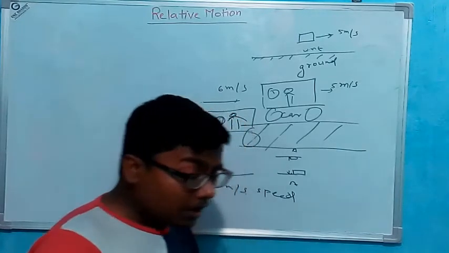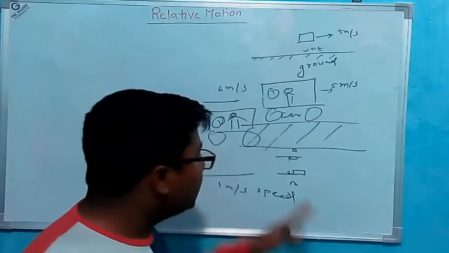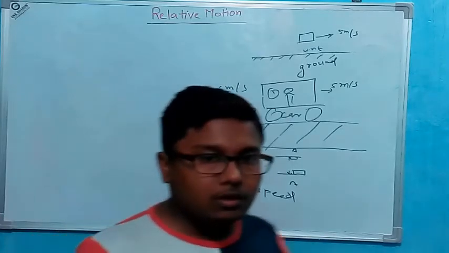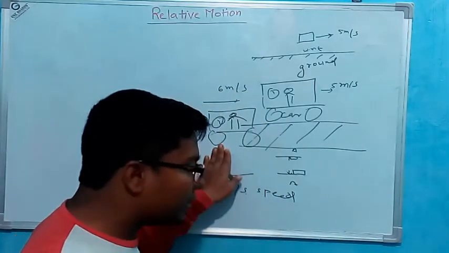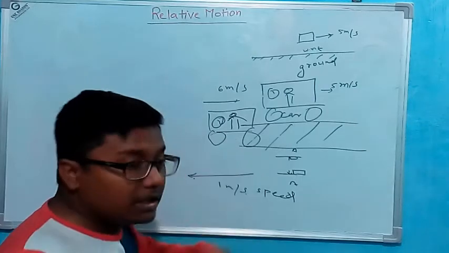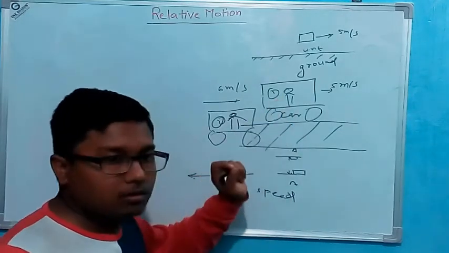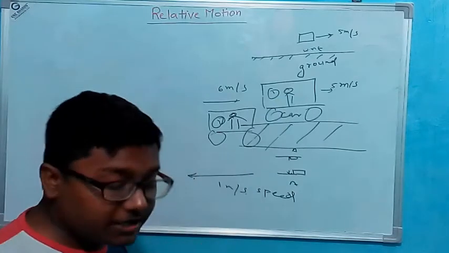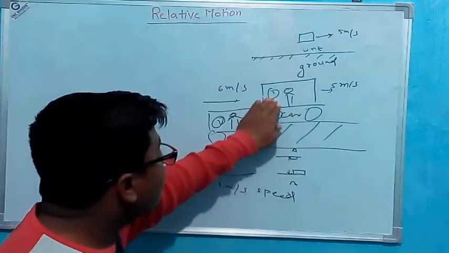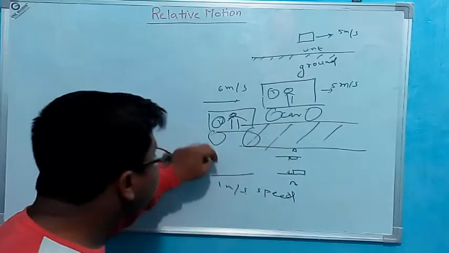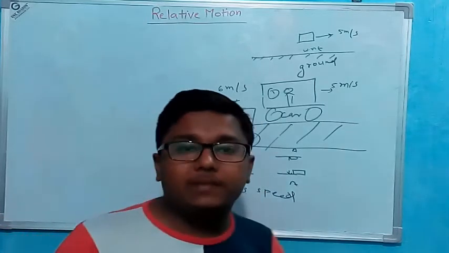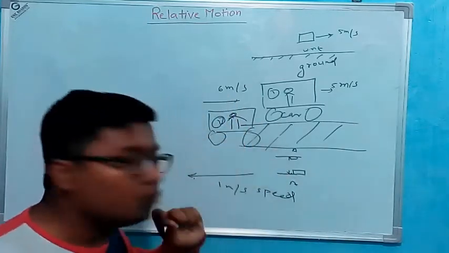Okay, the term relative is coming from there. This is the relative term. We are seeing relative to the car. We are saying that car 1 is moving backward with speed 1 meter per second with respect to car 2.